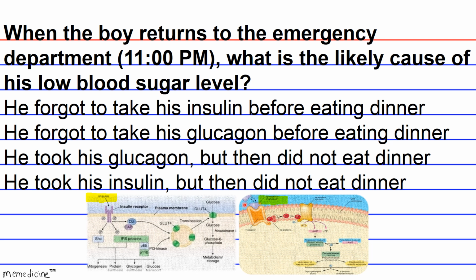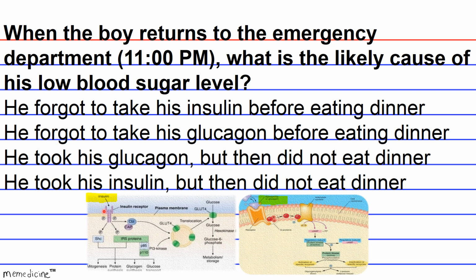So glucagon, amongst other things, after binding to its respective receptor, is going to cause the body to take these storage forms of energy and convert them to glucose, which is then transported extracellularly back into the blood, okay?